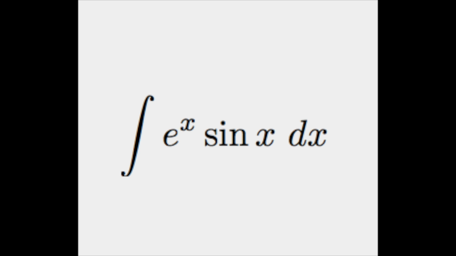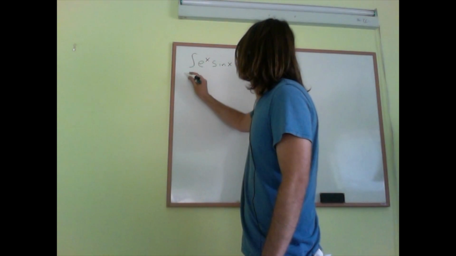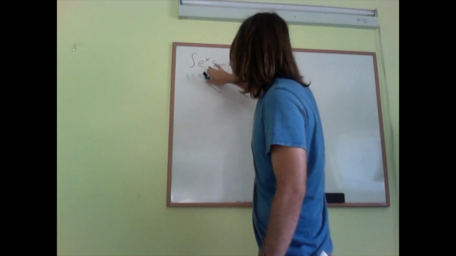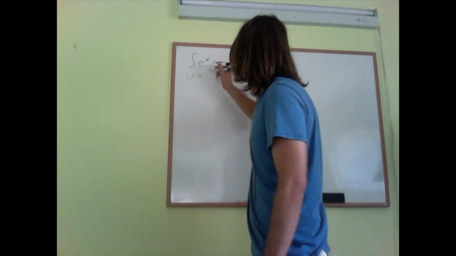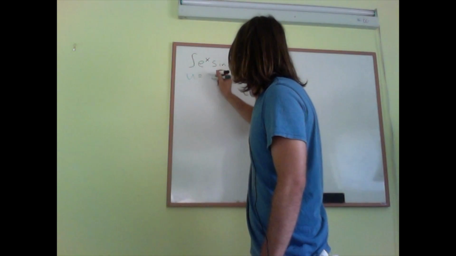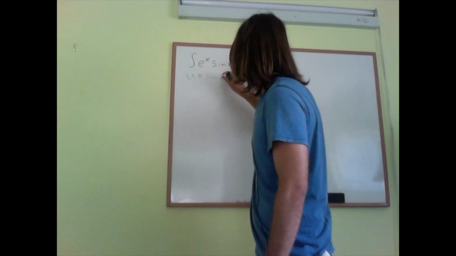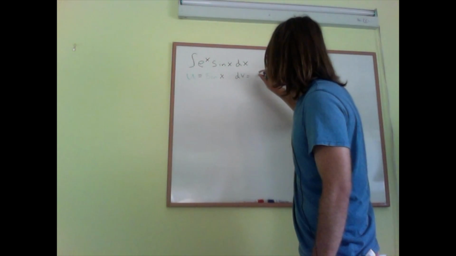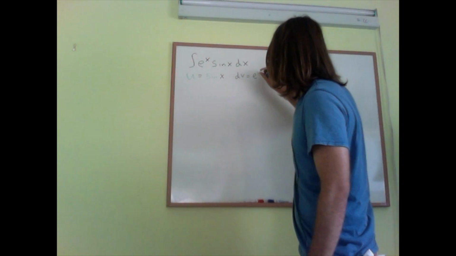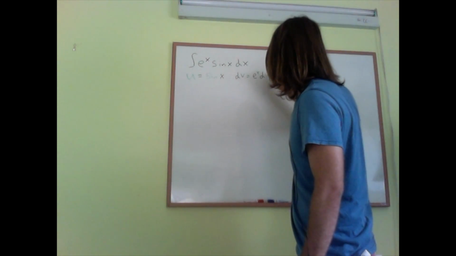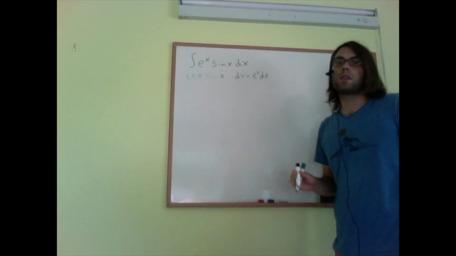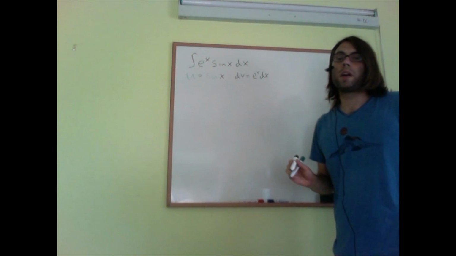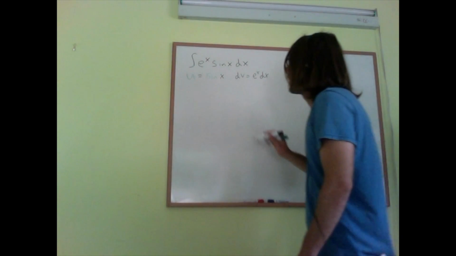So let's just say, for the sake of argument, that u is sine x and dv is e to the x dx. Again, it really doesn't matter which one you choose for your u and dv.